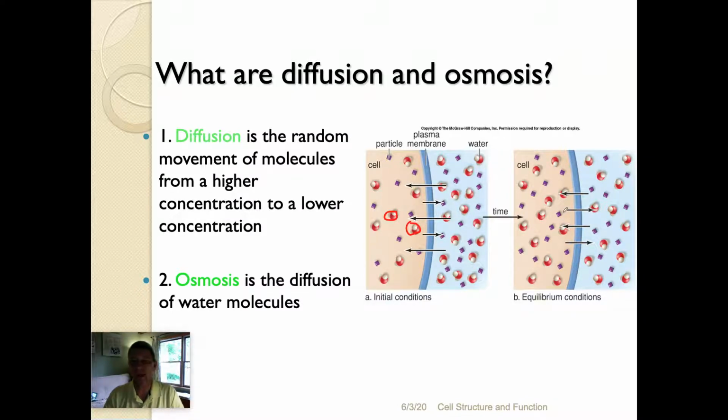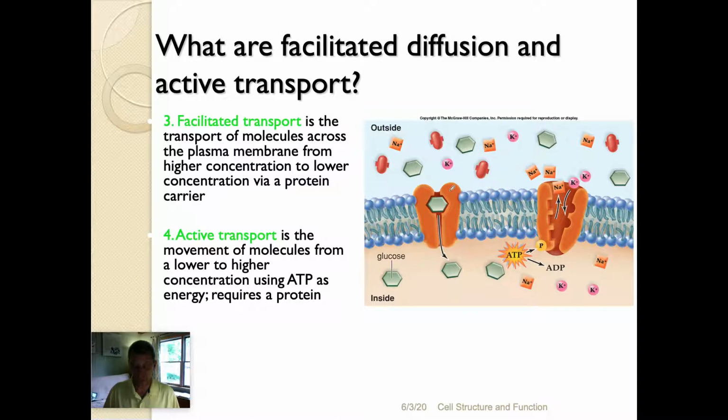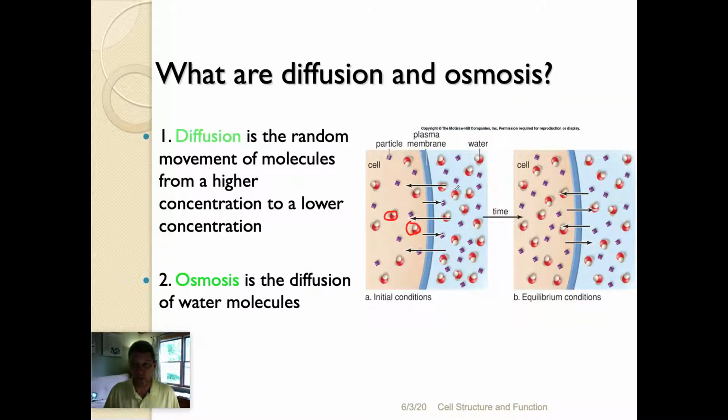And so water tends to move in the opposite direction as to what we generally think. But if you just look at the concentration of the water molecules themselves, you can see high concentration beforehand on the outside, and therefore the water will diffuse into the cell.